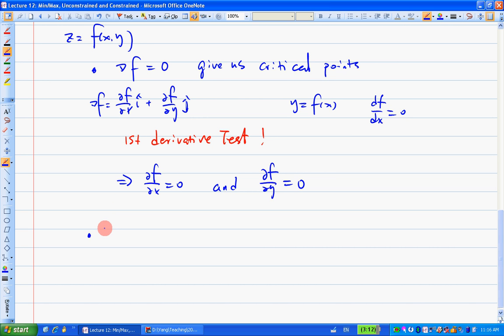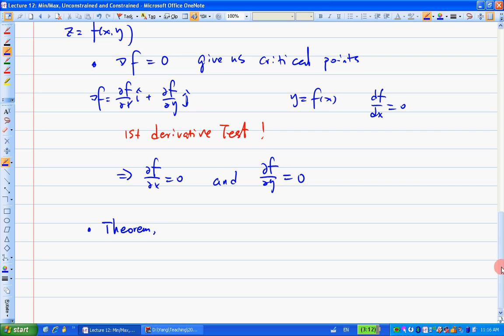So for the second one here, now we're going to talk about a theorem. Let's go back here. If you recall, for a single variable function, how do you determine whether the x you solved for represents a minimum location or maximum location?